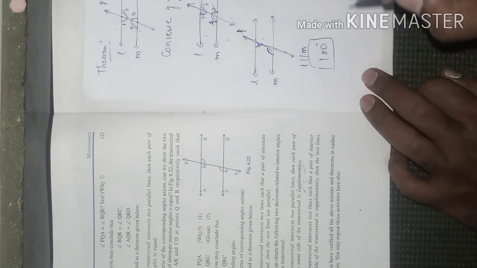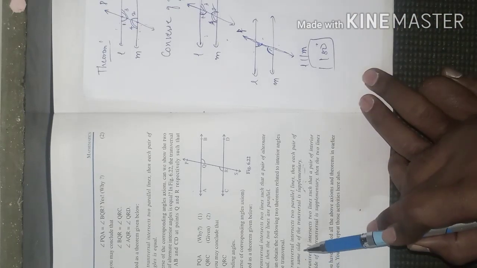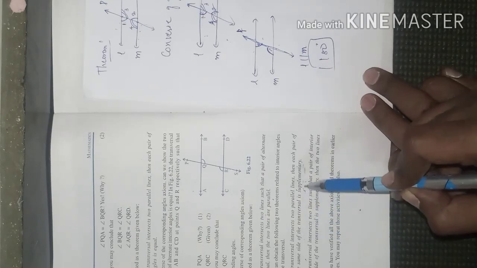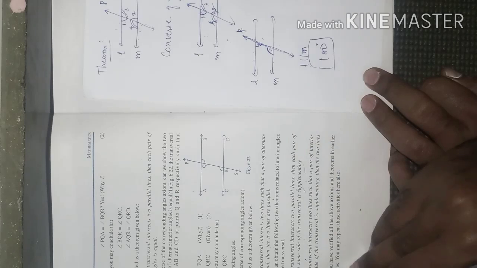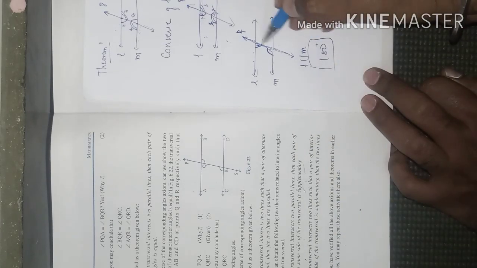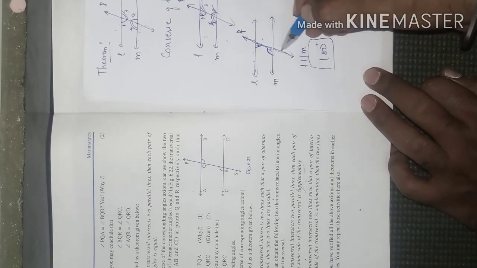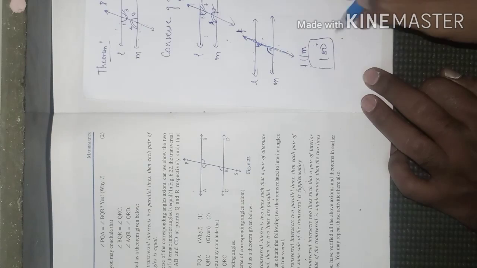Clear with this? One more time I will tell you. If a transversal intersects two parallel lines, L parallel to M, then each pair of interior angles on the same side of the transversal is supplementary. Supplementary means 180 degrees, no? So we are writing 180 degrees. Very important concept.